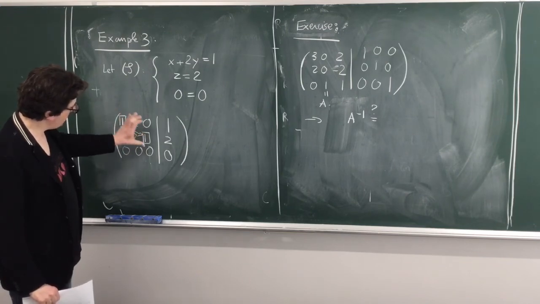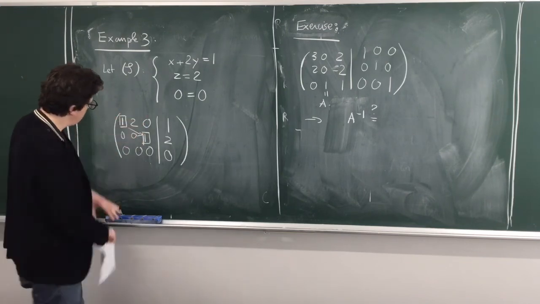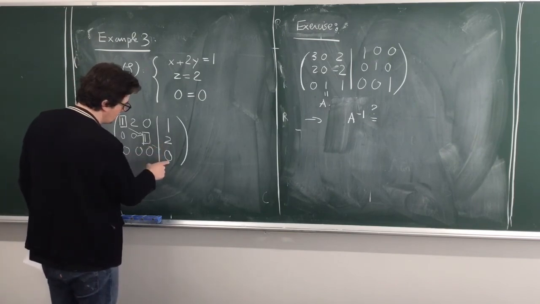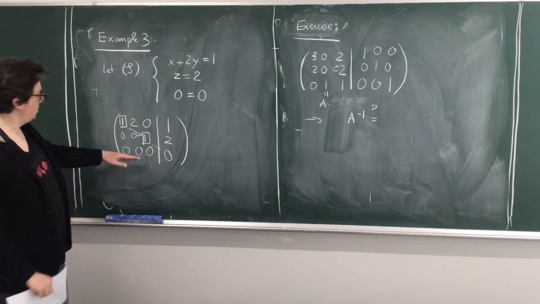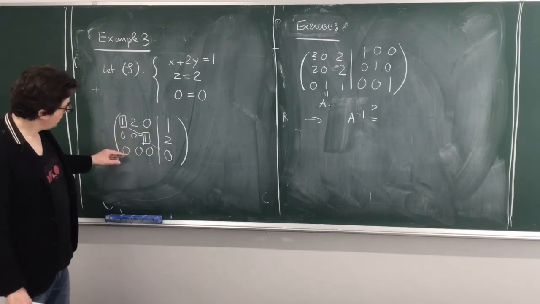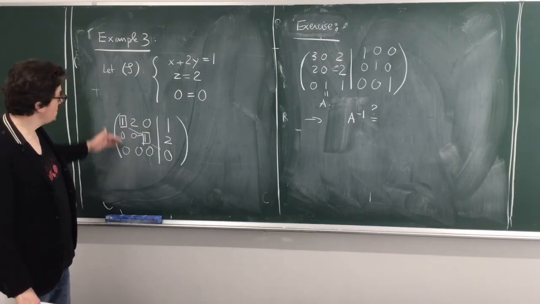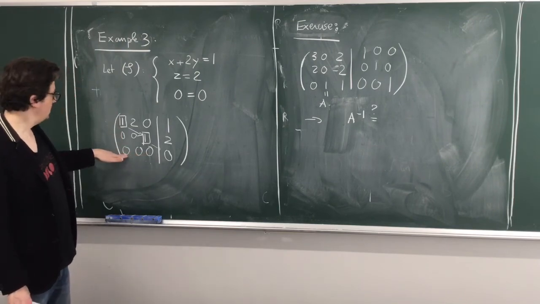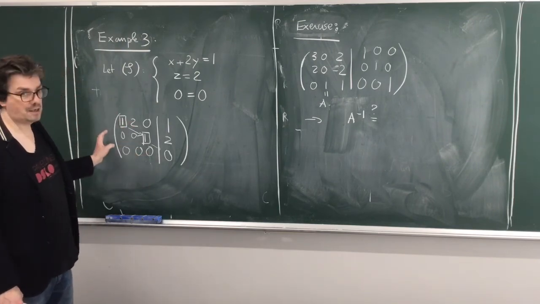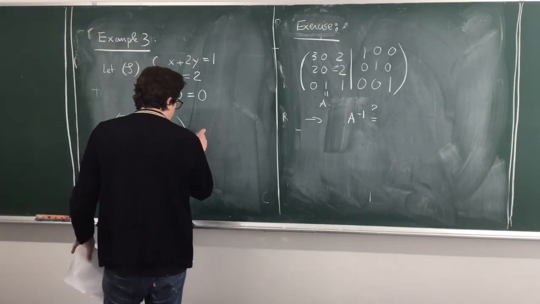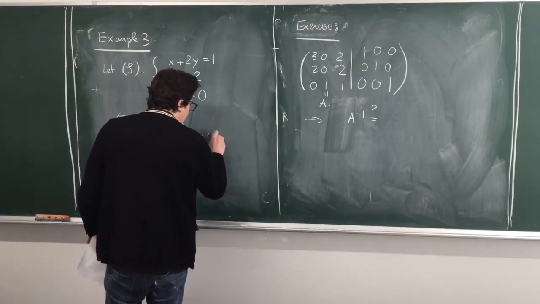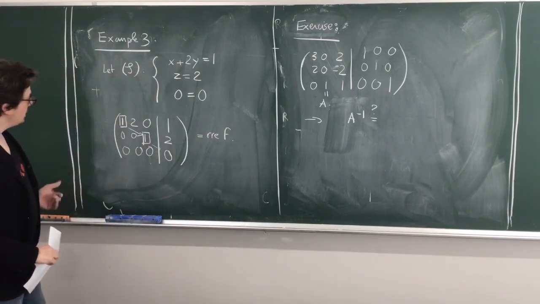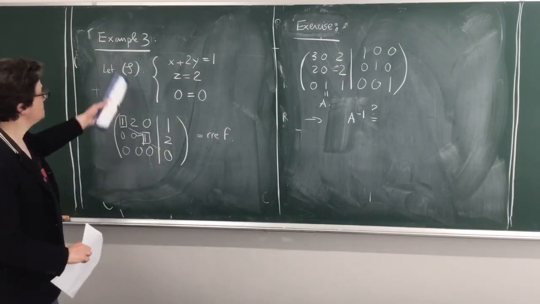So this is fine. Then the last row has no pivot, but all entries are 0. A row consisting only of 0 entries should be at the bottom. So this is okay, and this is perfectly RREF, which means that we are ready to read the solutions of the system S.